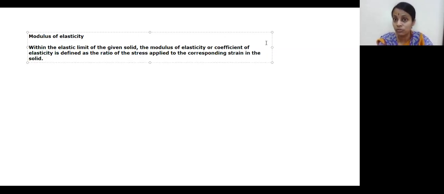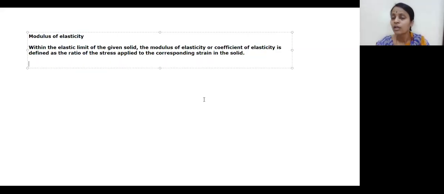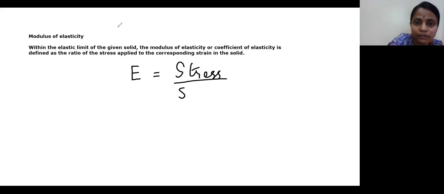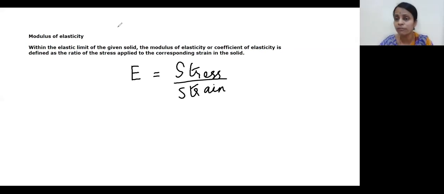Corresponding strain means depending on the stress that you apply, you are going to have a corresponding strain, and we call that the modulus of elasticity. So how are we going to write it? The modulus of elasticity is basically a coefficient. In general, we are going to denote it using the alphabet E, and this is going to be stress upon strain. Is that clear? So this is what we call modulus of elasticity.